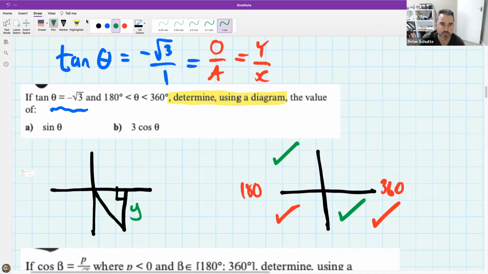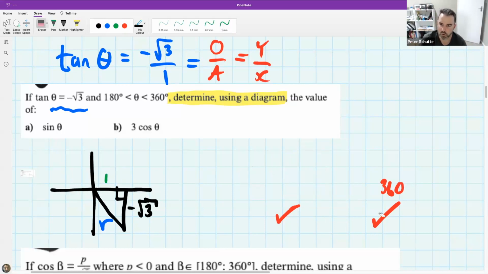The negative, in this case, let's just see it's in the right place. Okay, so in this case, if this is Y and this is X and this is R, the Y is actually going to be minus √3. Okay, and what is the X going to be? It's going to be 1.